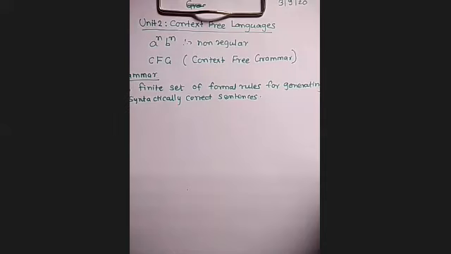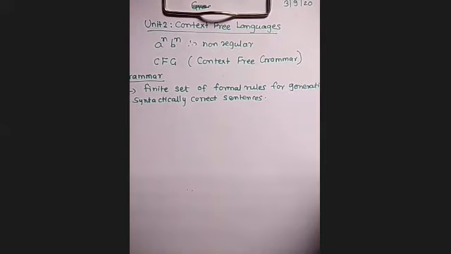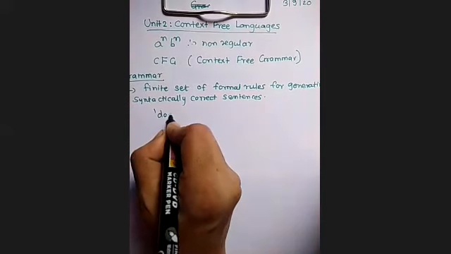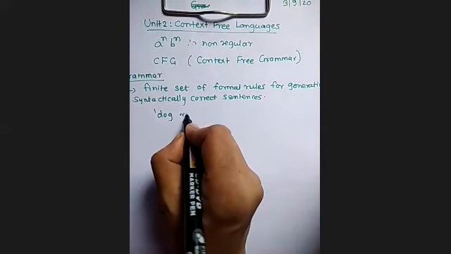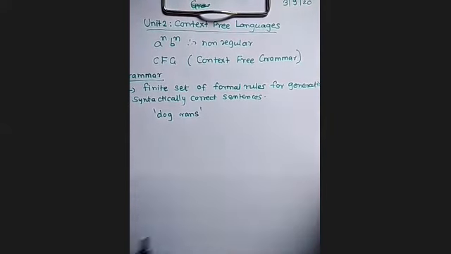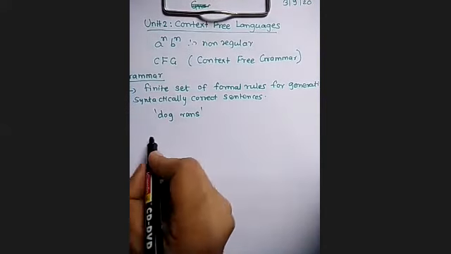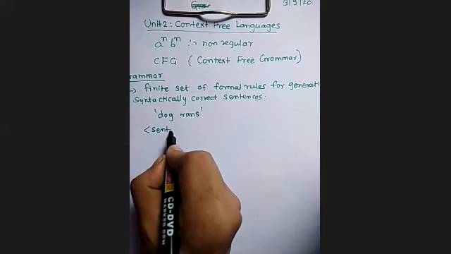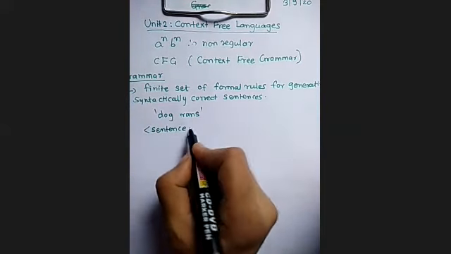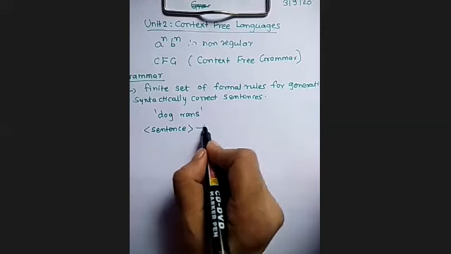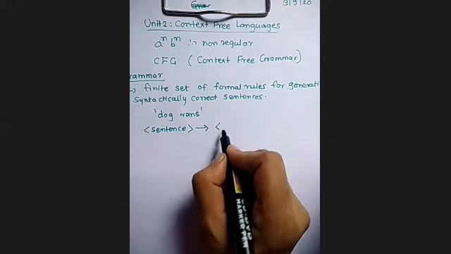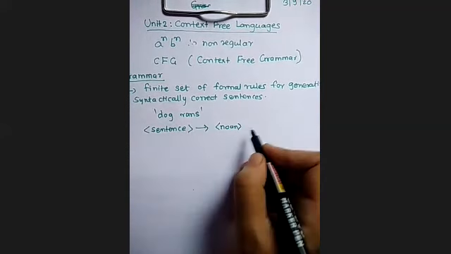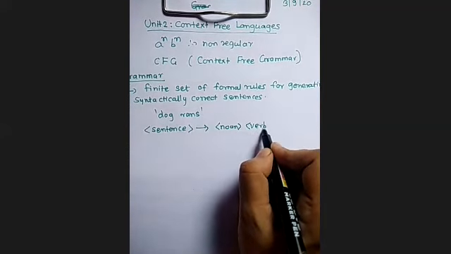Here let us consider a simple grammar for English statements. The simple example I am taking has only 2 words. Let the sentence be formed using only a noun and a verb part.